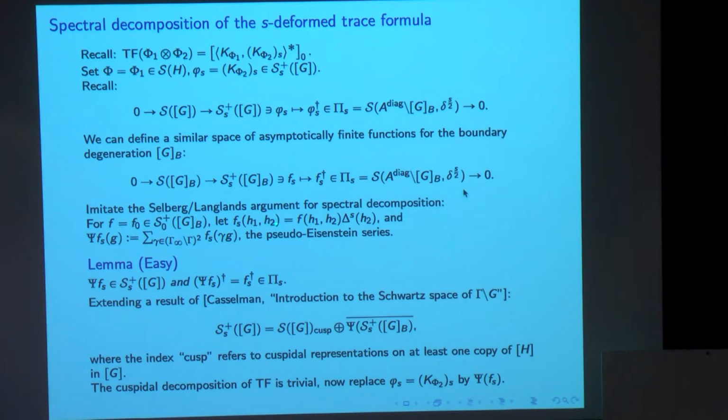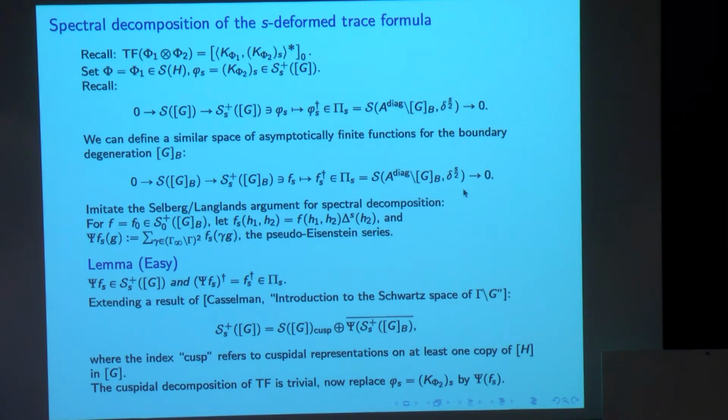And then we will modify it to get a multiplicative behavior parameterized by the character s. And then we will form the pseudo-Eisenstein series of that. And a very easy lemma is that the pseudo-Eisenstein series ends up in the desired space of functions, asymptotically finite functions on brackets G. And it has the same asymptotics as the function that we started with.